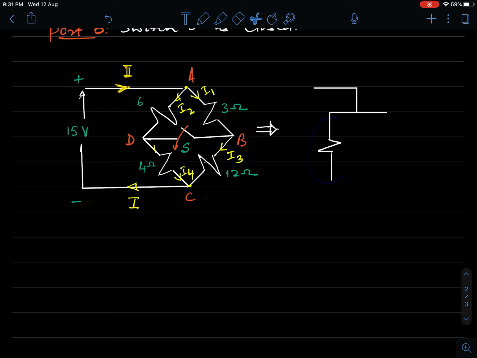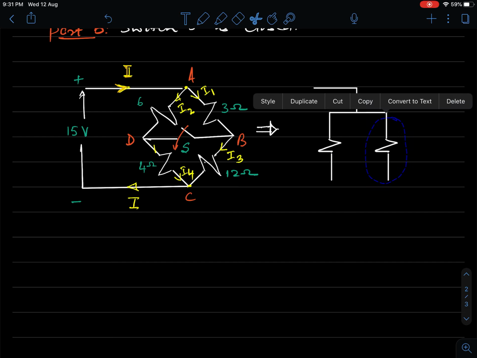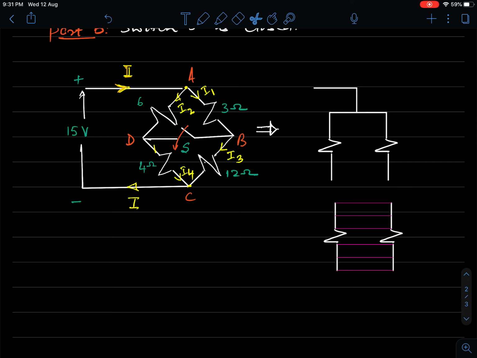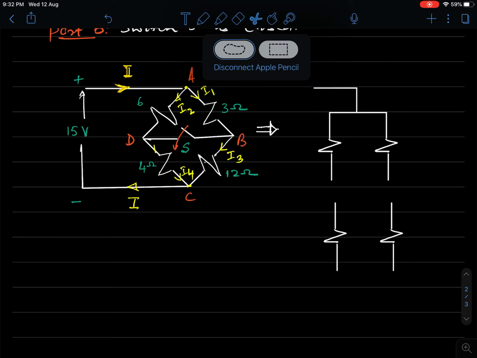Now I'll take this part. It's easy that way for me. Copy, paste. I'll put this here. Then I'll take another paste. I will put it here. I'll put one more paste. I'll take it here. Now I'm just rewriting the diagram.